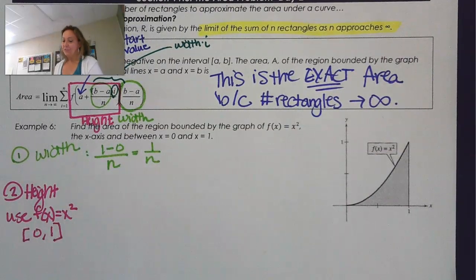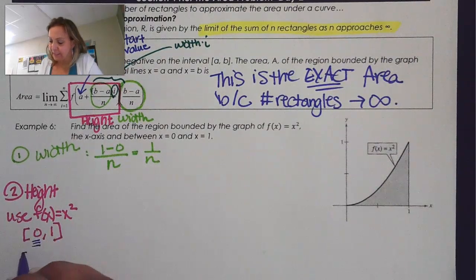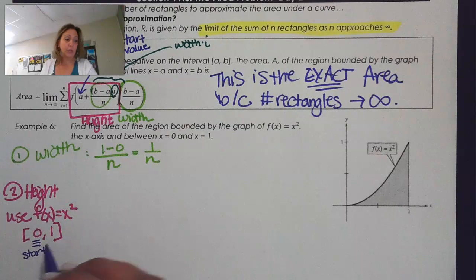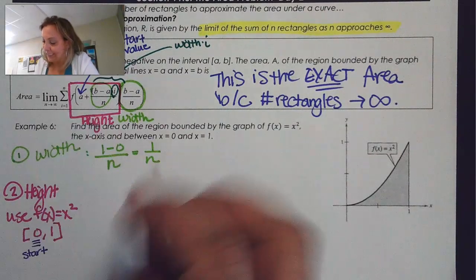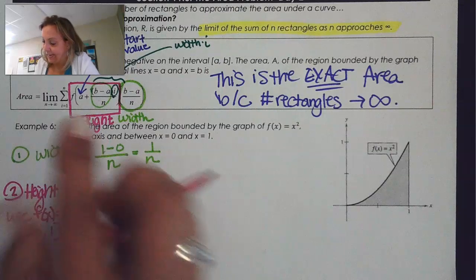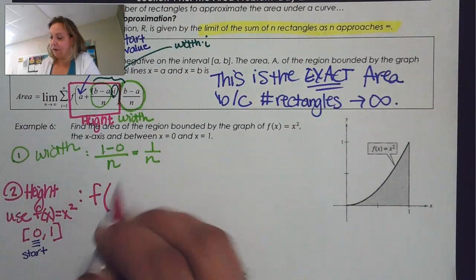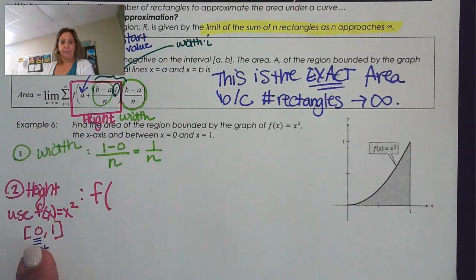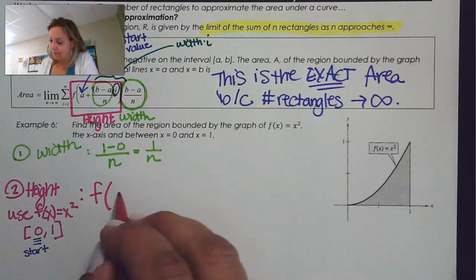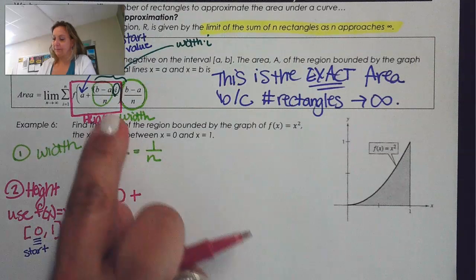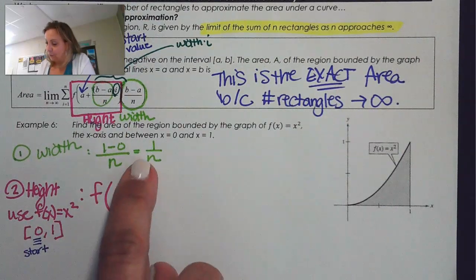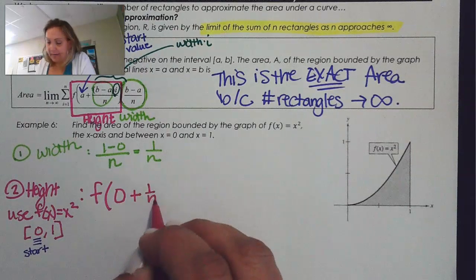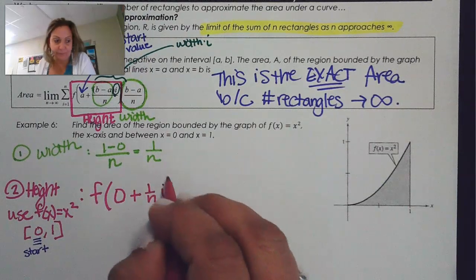This 0 tells us where we're going to start. The height is going to be f of the starting value, which here is 0, plus the width times i. Our width was 1 over n, and then we have times i.